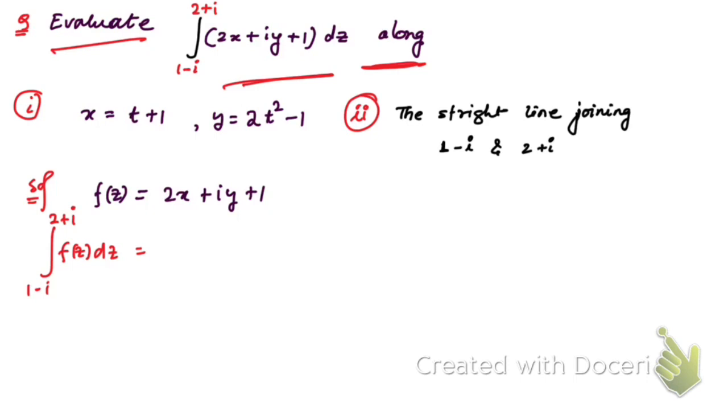That's what we need to do, that is the integration from 1 minus i to 2 plus i of (2x plus iy plus 1) dz. We need to evaluate this, right?